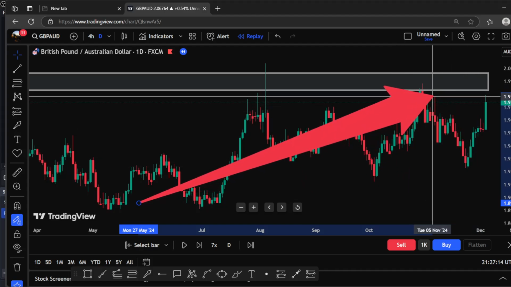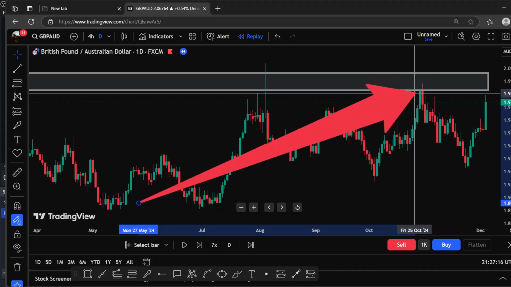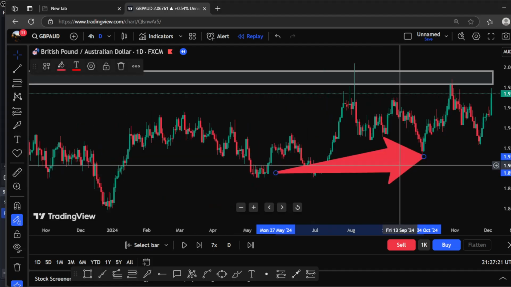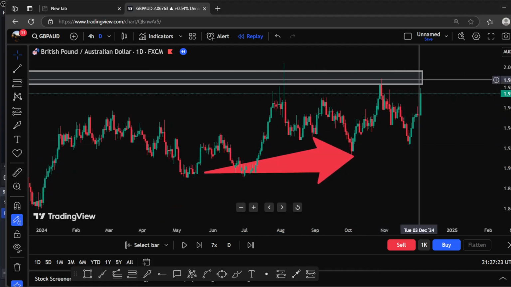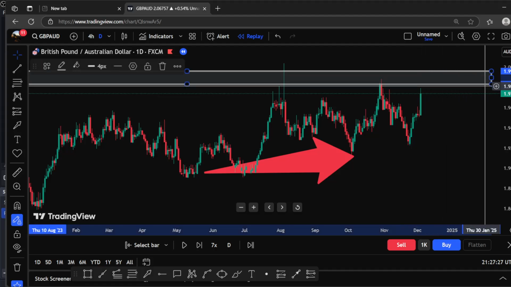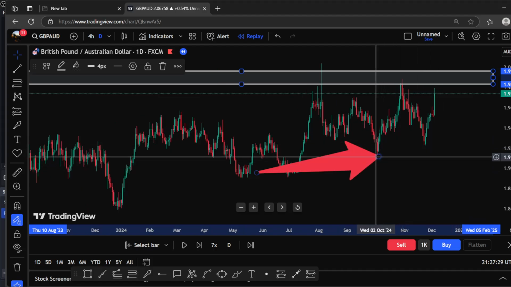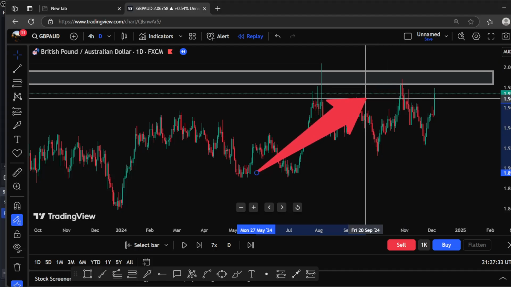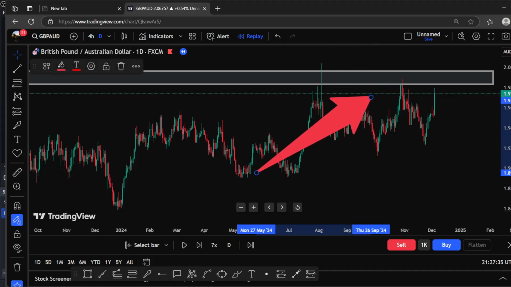The worst case scenario is you would take a break even trade. You will not get your take profit. So this is their signature, their trademark. This is something that they do day in, day out. So there are sellers in the market, stops above this level. All right, so let's carry on.